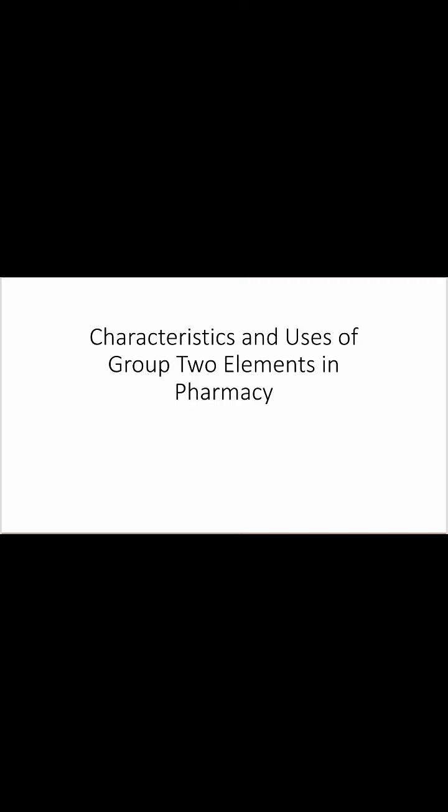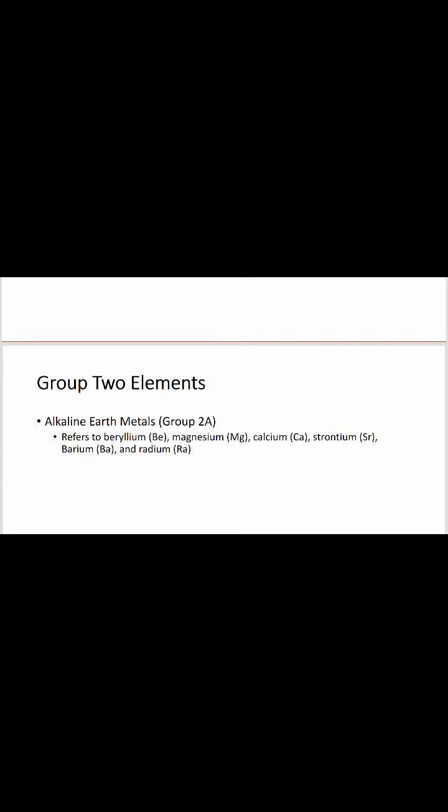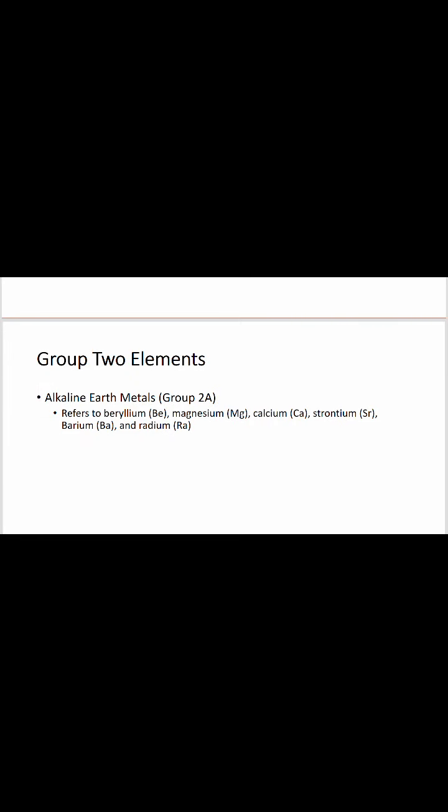So today we are going to look on group 2 elements. Katika group 2 elements in pharmacy tutaangalia wale elements like magnesium, calcium. Of course there are many in group 2, lakini utaweza kuona pia barium, strontium and also radium.